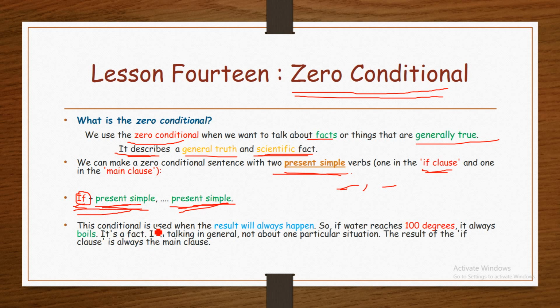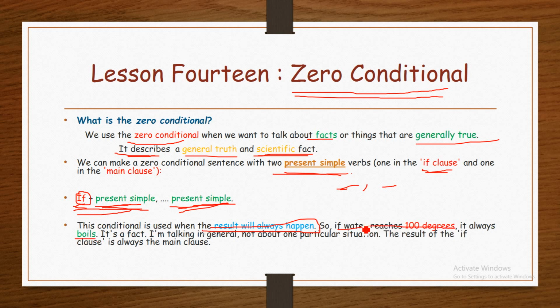This conditional is used when the result will always happen. So, if water reaches 100 degrees, it always boils.